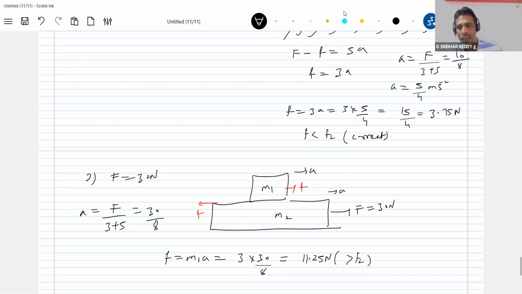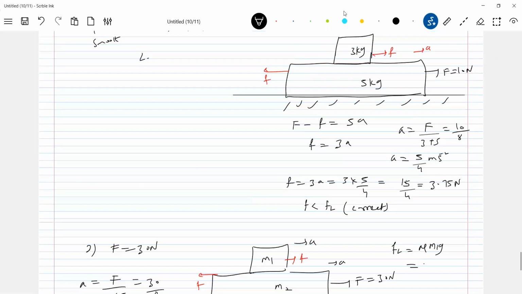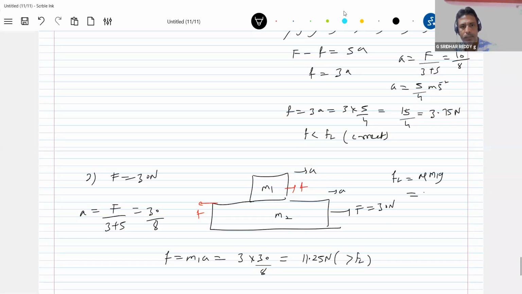Because what is the FL value? FL equal to mu into M1g. Now, mu value, we assumed it, 0.2. So this is 0.2 into 3 into 10, 6 Newton. So definitely the friction cannot be greater than limiting.